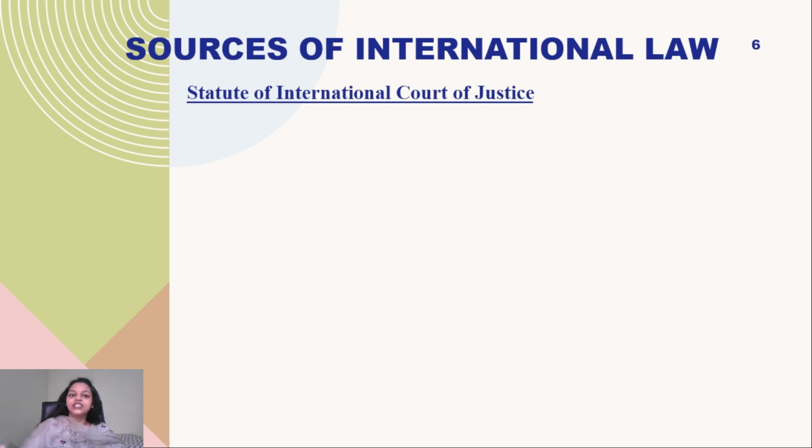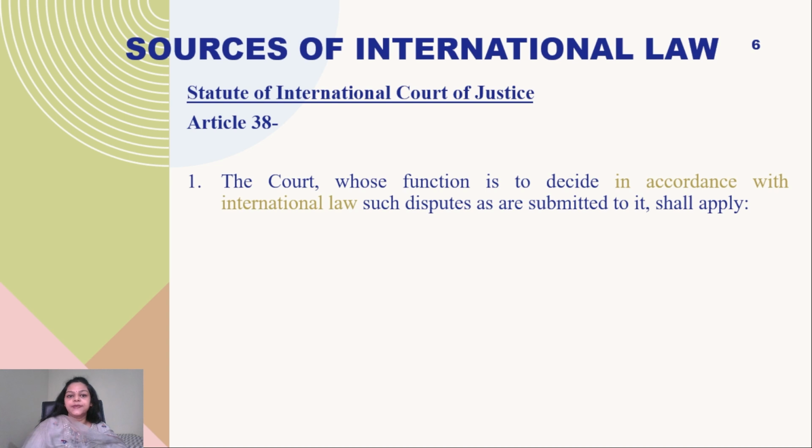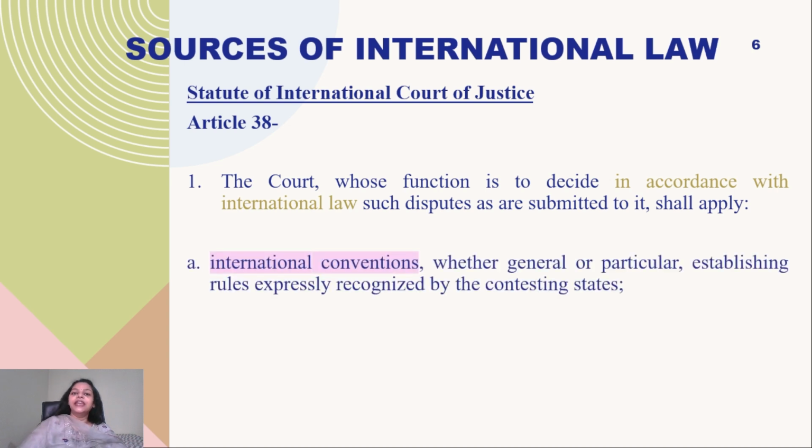But the statute mentions these 4 sources. So let us see what Article 38, Clause 1 reads. It reads: the court, whose function is to decide in accordance with international law such disputes as are submitted to it, shall apply. This court should apply any of these sources to decide any international dispute that comes before it.